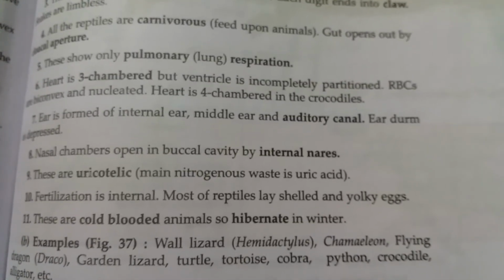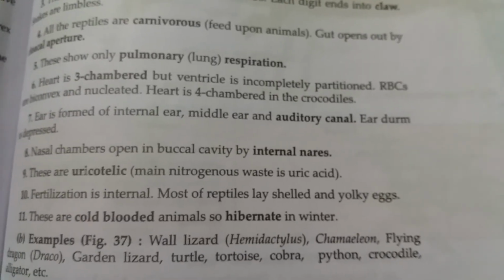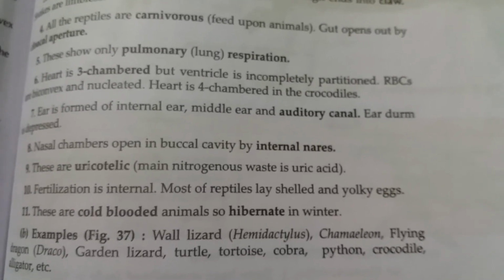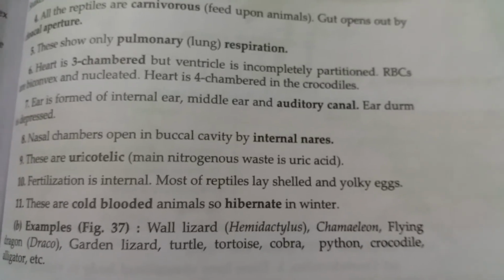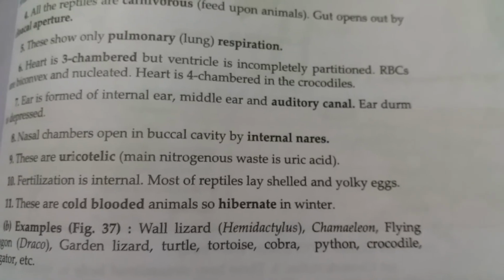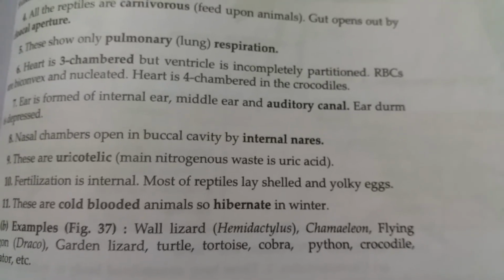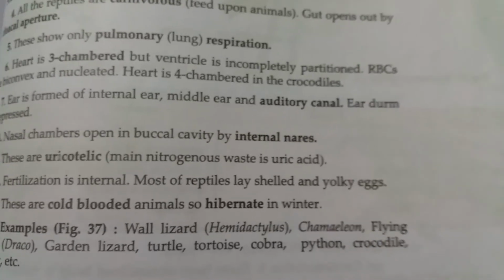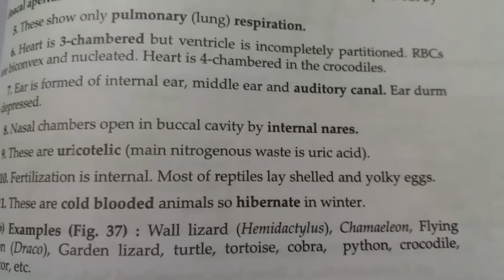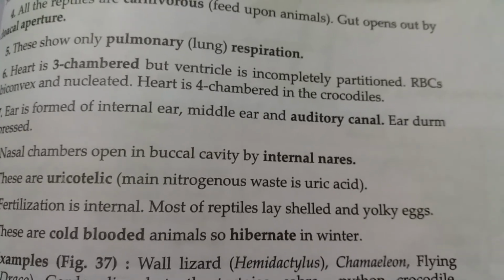By the way, heart is three-chambered in class Reptilia, but in crocodile there is a four-chambered heart. Ear is formed of two parts, internal ear and middle ear, and one canal is present, that is the auditory canal. Eardrum is depressed in ear structure.